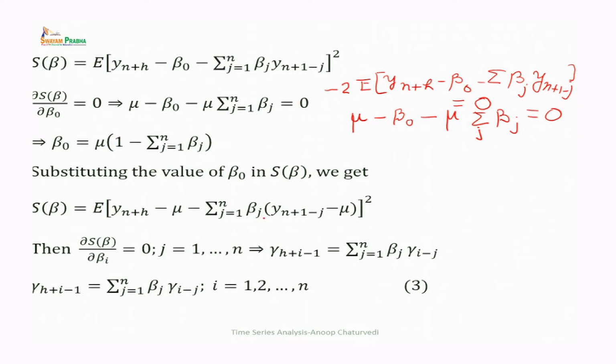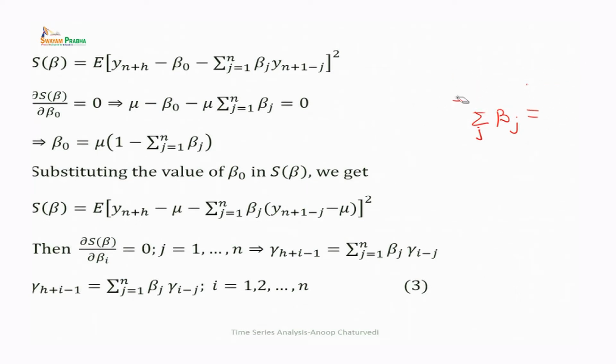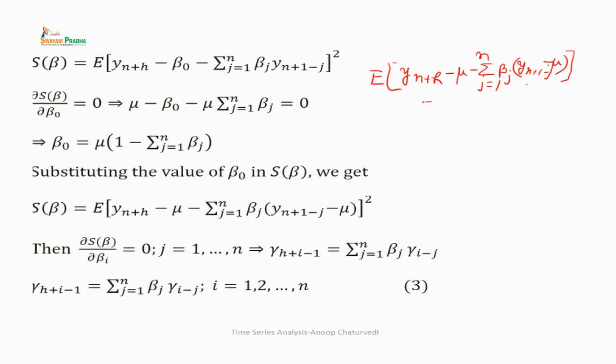Then corresponding to the ith term, if you differentiate with respect to beta i, what you get here is y n plus 1 minus i minus mu.